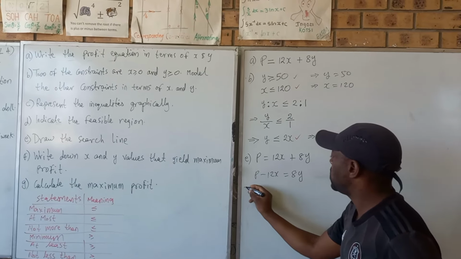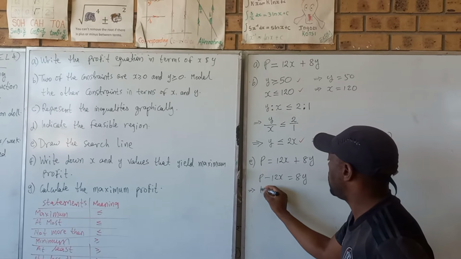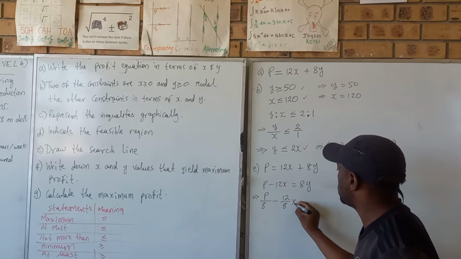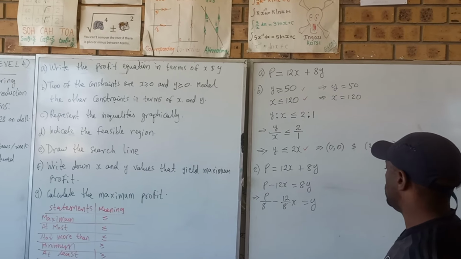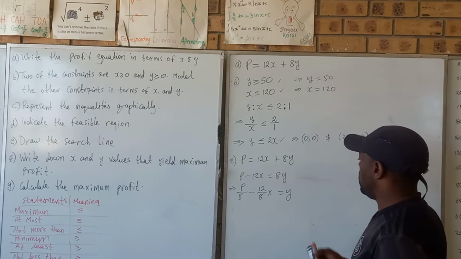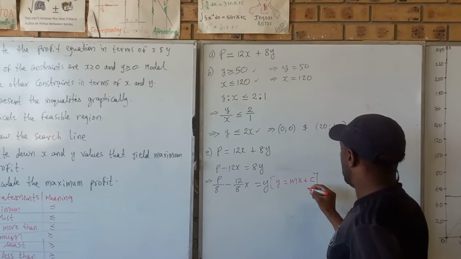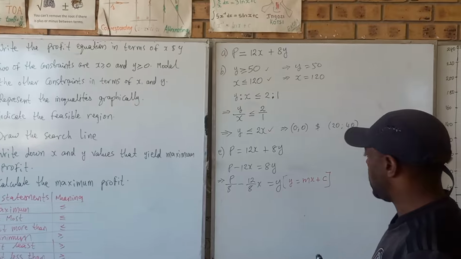Then I divide each term by 8. So P over 8 minus 12 over 8x is equal to y, which makes this line be in the form y equals mx plus c. That's the standard form of the equation of a straight line.